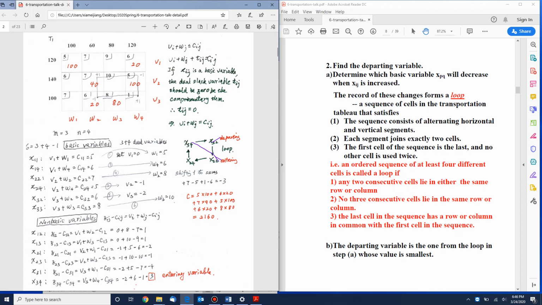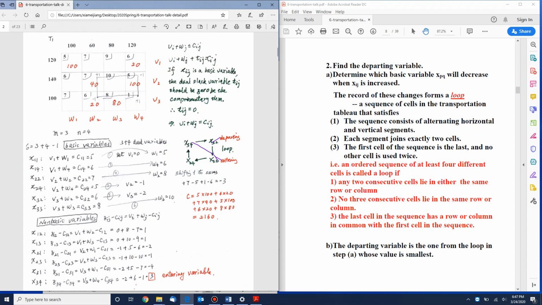So if you want to make the loop work, keep the balance, you can at most reduce 20, right? So in this way, x3 2 is the departing variable.